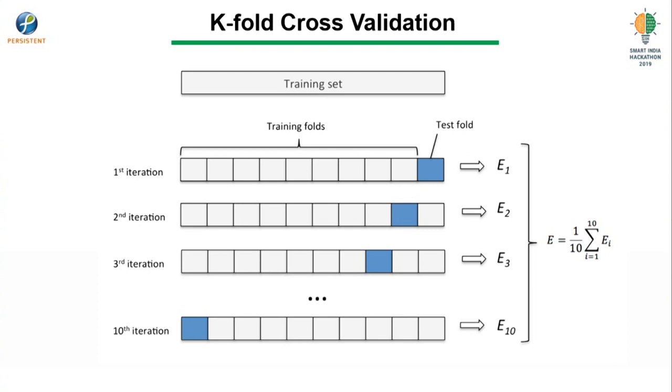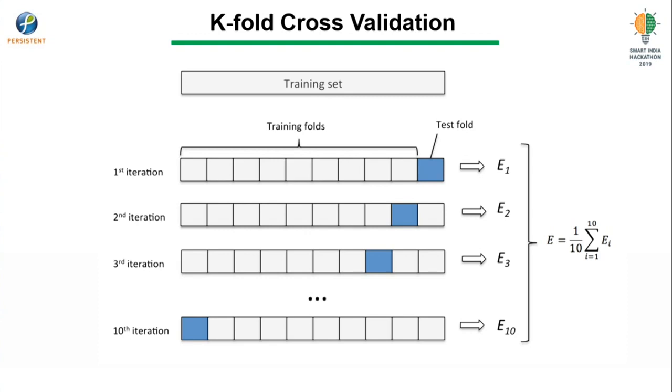Here the training data set is split into 10 parts. In the first iteration, the first 9 parts are used for training and the last fold is used for testing. In the second iteration, the first 8 and the last one are used for training and the 9th is used for testing. So, in every iteration the part of the data that is marked blue will be used for testing and the rest of them is used for training.